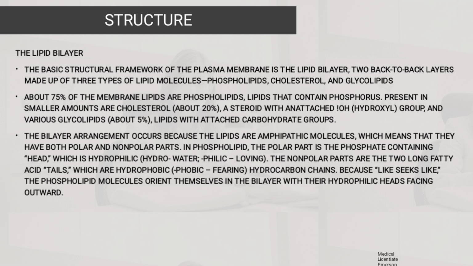The bilayer arrangement occurs because the lipids are amphipathic molecules, which means that they have both polar and non-polar parts. In phospholipids, the polar part is the phosphate-containing head, which is hydrophilic, meaning water loving.